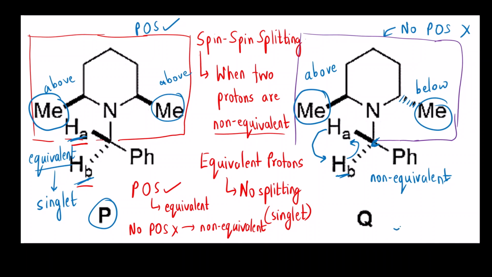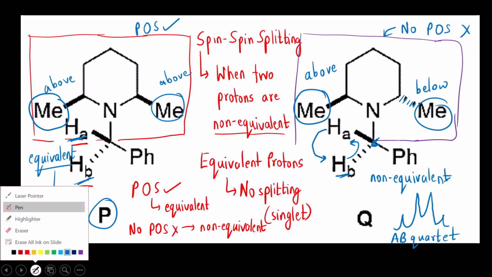And what we get is an AB quartet, like this. Quartet means 4 peaks. This is a type of signal that we get.